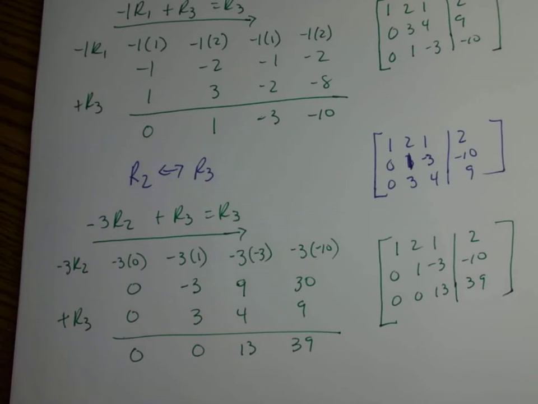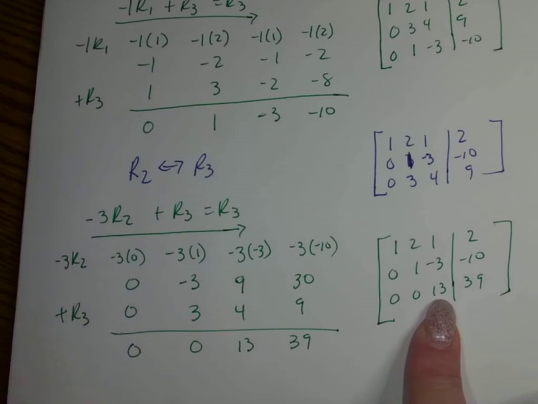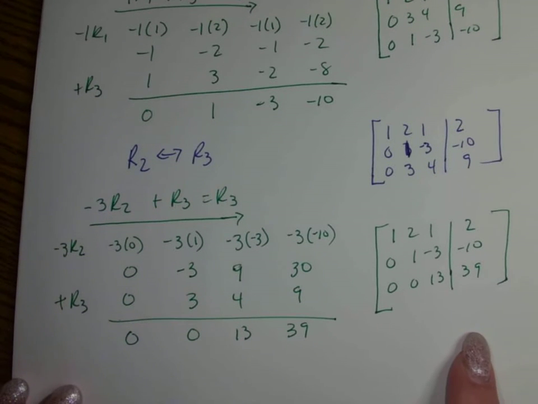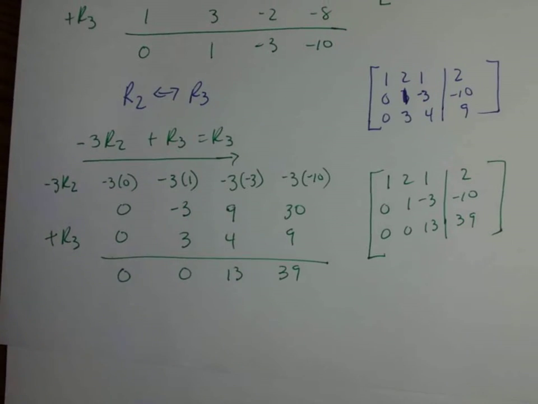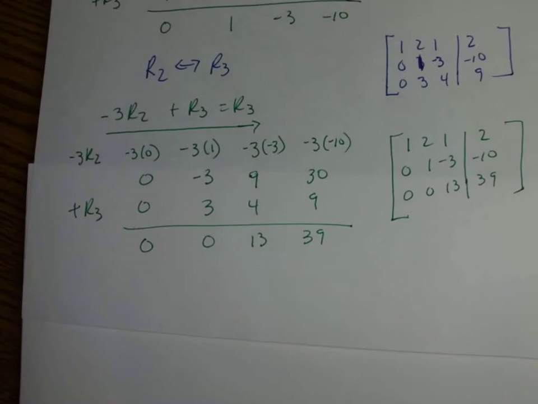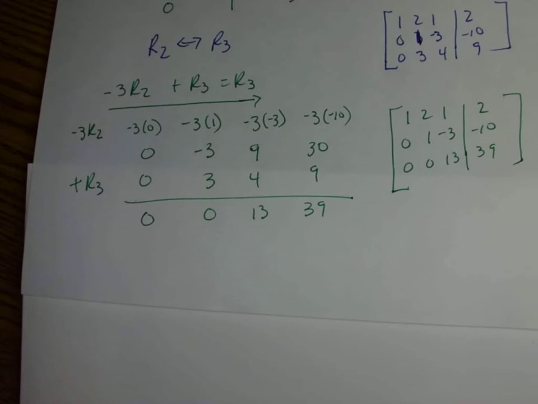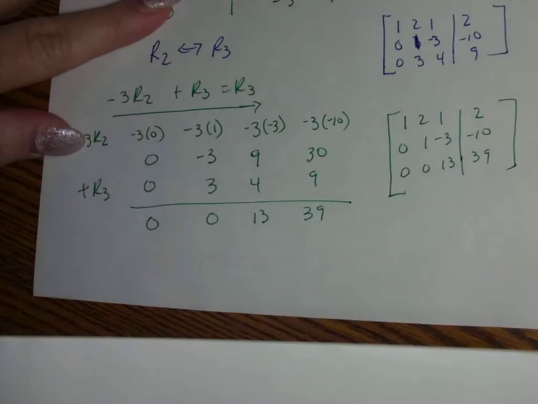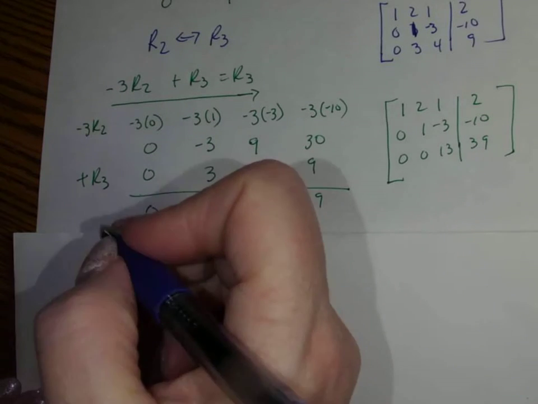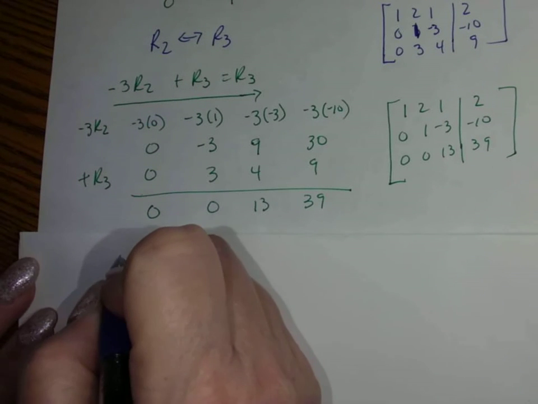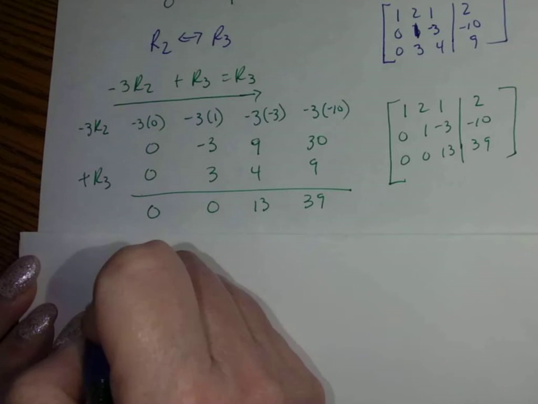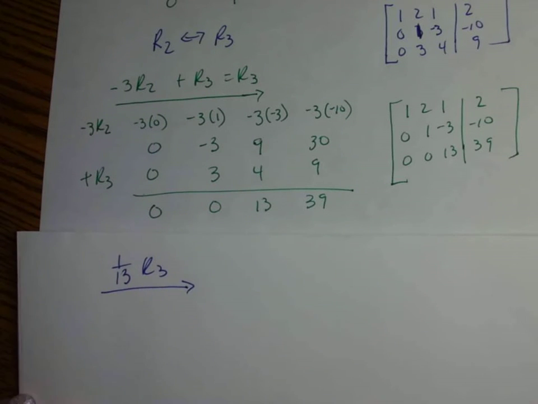All right, now our next goal is that this needs to be a 1. So how do I get 13 to be a 1? Well, I need to divide by 13. But if you recall, we don't divide. We're going to multiply by 1 over 13. So our next operation will be 1 over 13 times row 3 will get us our new row 3.